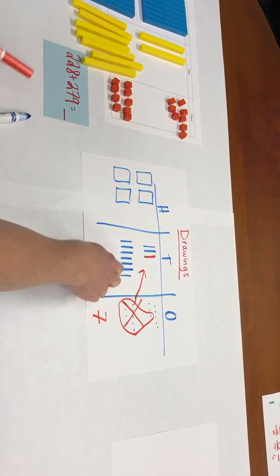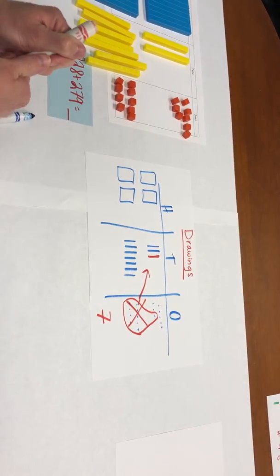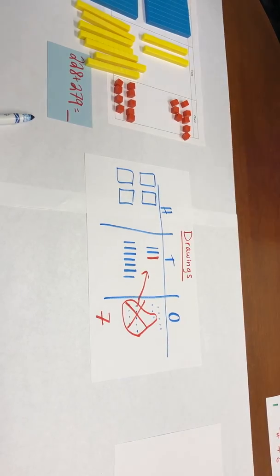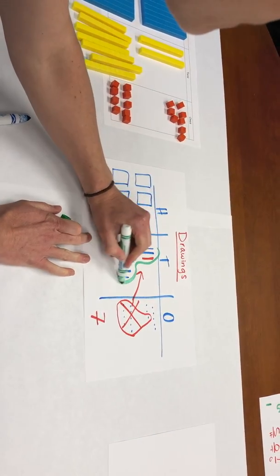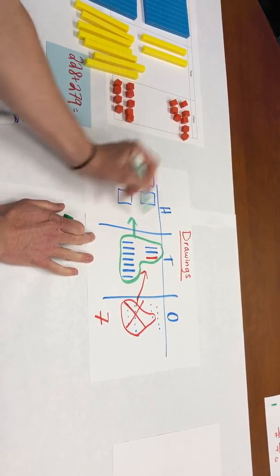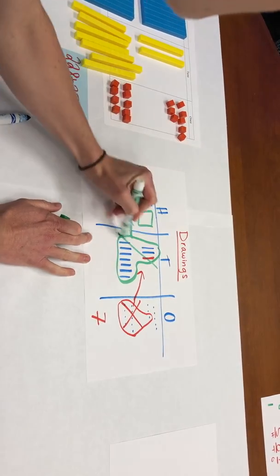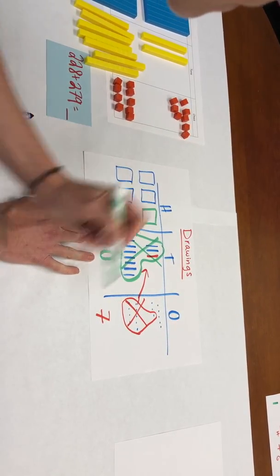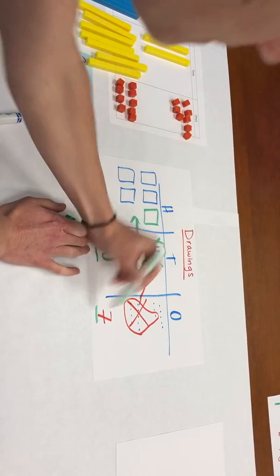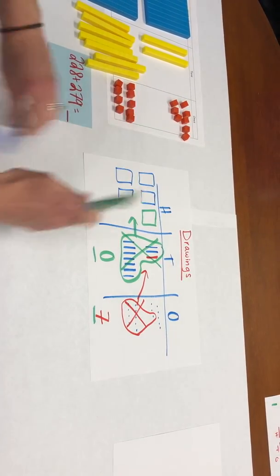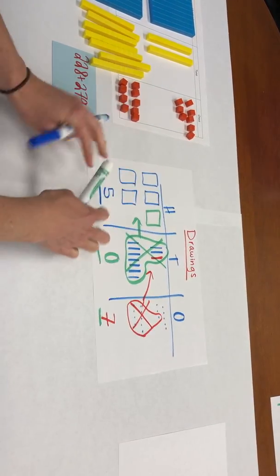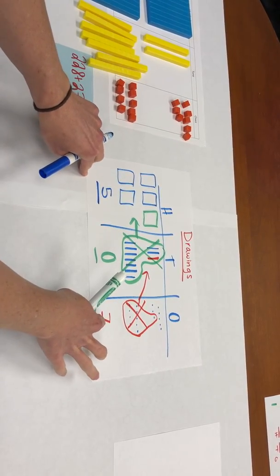I'm looking over here. I've got 7 tens and 3 tens, which is 10 tens. So I can use these 10 tens to create a 100 flat. I am left with no tens. This is going to connect to your place value. And then I have 5 hundreds. So my sum is 507.